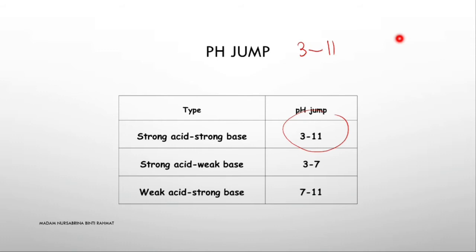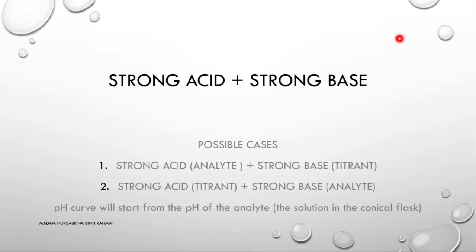titration curve. So let's first look at the titration curve between a strong acid and a strong base. For this one, you can make your acid the analyte in the conical flask and your base the titrant in the burette, or vice versa, meaning the base is the analyte and the acid is the titrant.